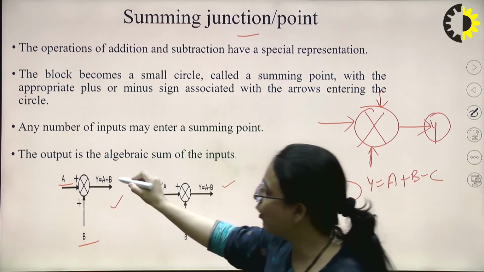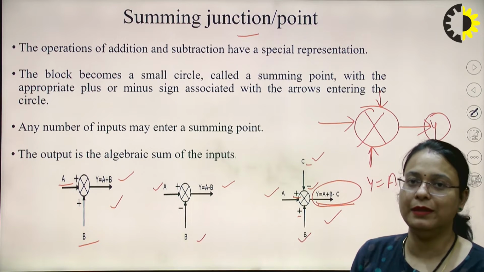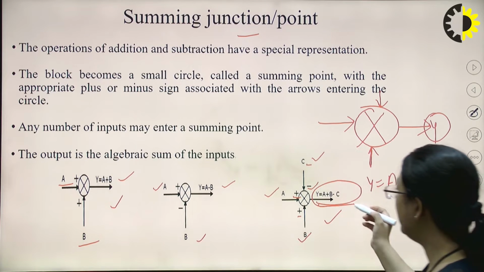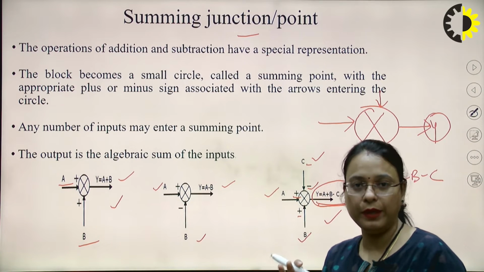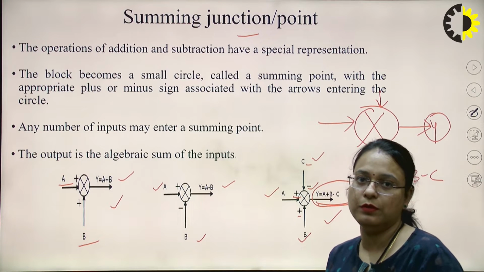So here the output Y will be the addition of the two input signals, that is A plus B. So any number of inputs can be applied to a particular summing point, okay, but depending upon the polarity, output will be produced.